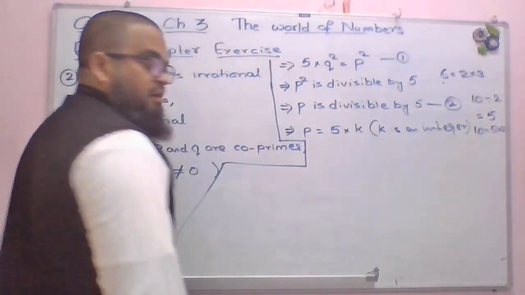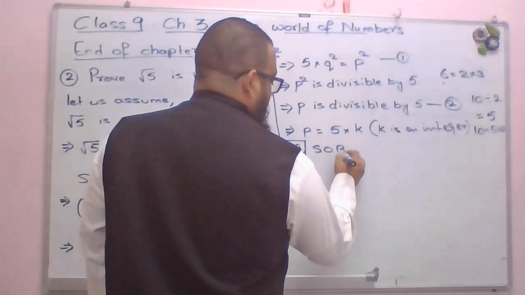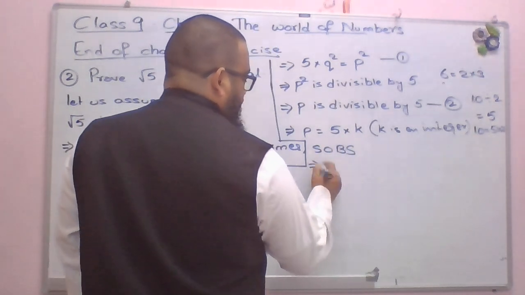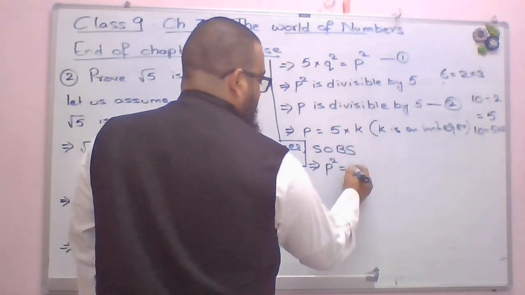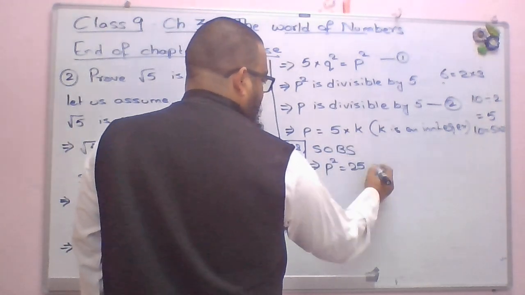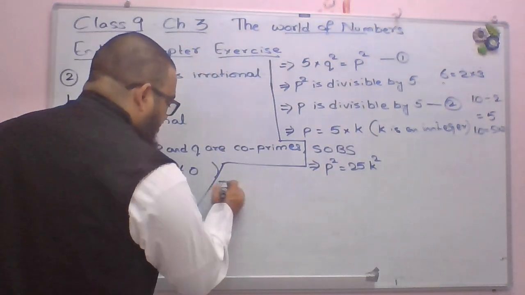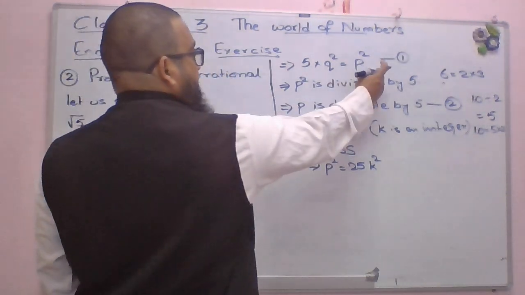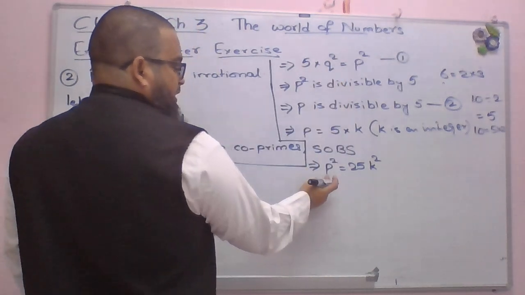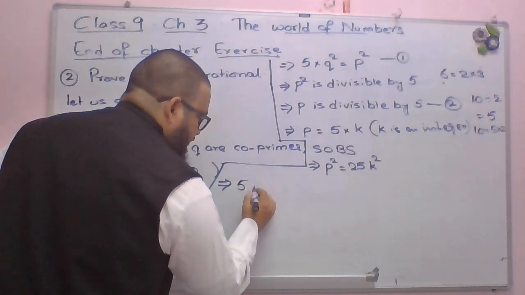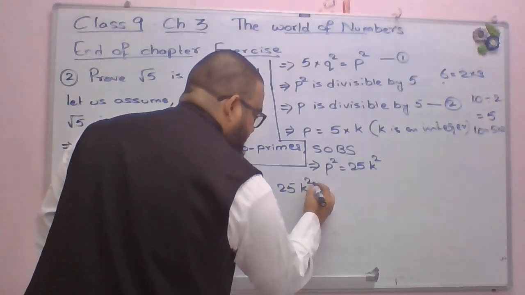Is it right? So now let us square on both sides. When you square on both sides, what is left? p square is equal to 5 square is 25 and k square. Understood or not? And from first equation, what is p square? 5q square. Let me substitute: 5q square is equal to 25k square.